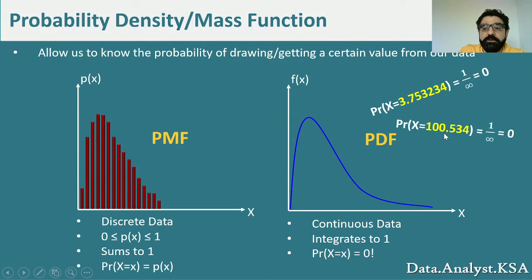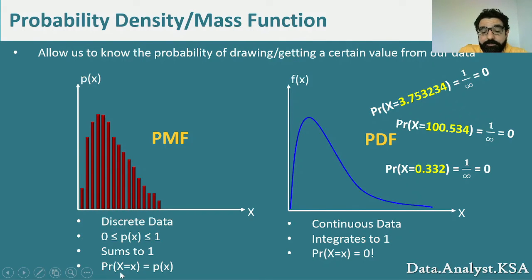If I look at a different number, the probability of getting 100.534, it's also 1 value out of an infinite number of values, so it's also 0. If I want to take a third example, I want to pull this number out, it's also going to be 1 over infinity, which is 0. So this is an interesting fact about the probability density function that is different from the probability mass function.